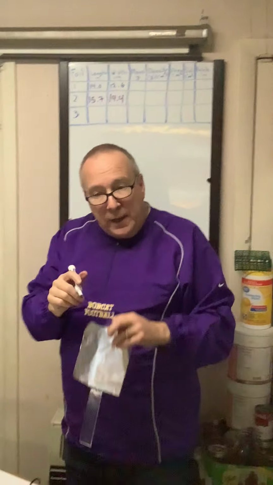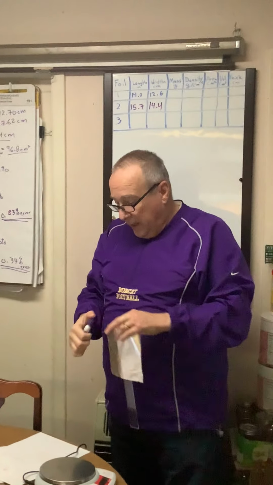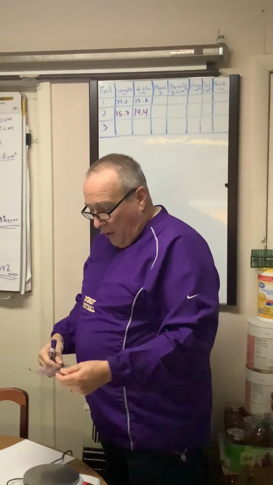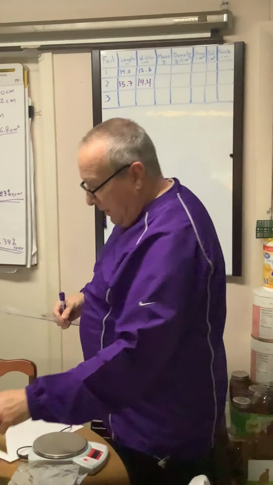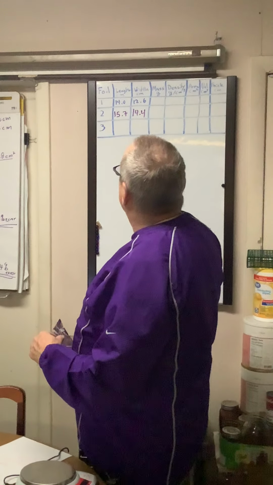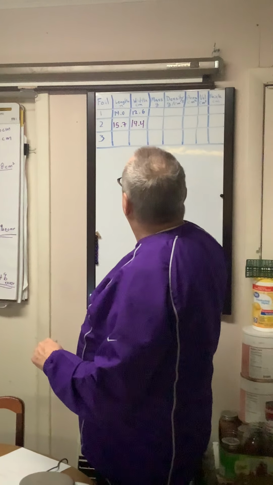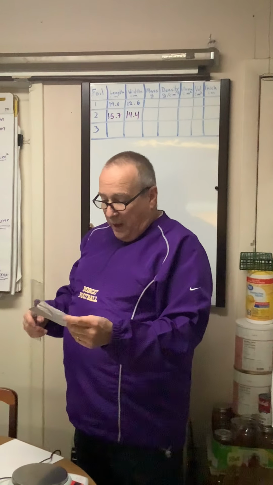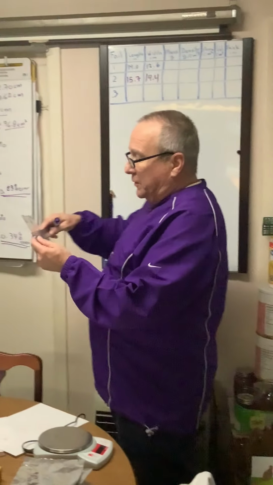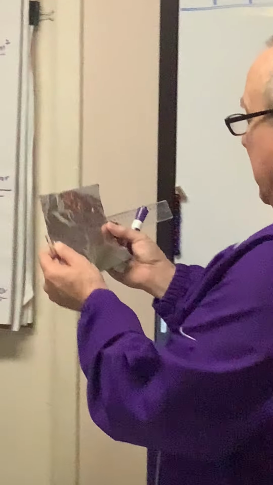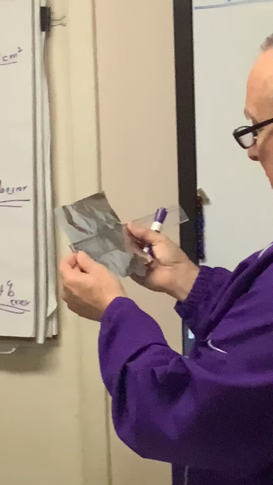In the table, in your data sheet, it has these columns made out, maybe not in the exact way. I'll look at them on my sheet in a minute, but let's do the third piece of aluminum foil. This one is almost exactly 14.